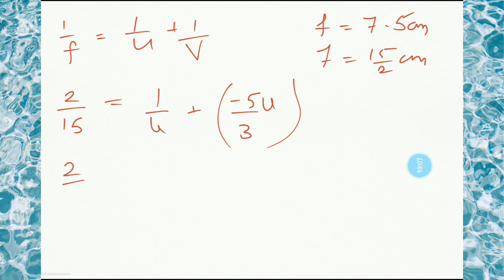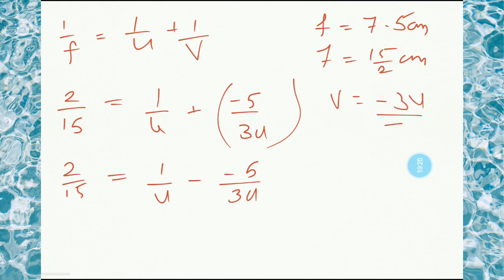Now 2 by 15 is equal to 1 by u minus 5 by 3u. See, u is in the denominator, I forgot to tell you. Because what we found was minus 3u by 5, you can't just simply put it anywhere. This is in the numerator, so it has to go to the denominator now.